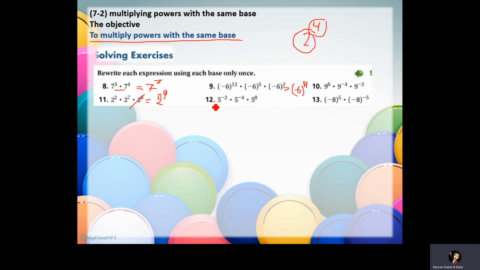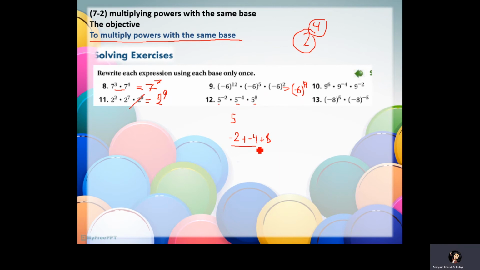Now I have this one, exactly the same idea. 5 to the power, all of them same base. So add the powers. -2, let me add them for you here. -2 plus -4. That's what I have from here. But the rule tells me it's addition, plus 8.